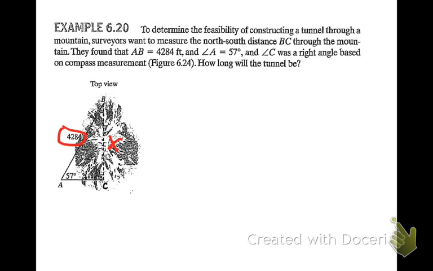Which trig function uses opposite over hypotenuse? Go ahead, Victoria. Yeah, it's sine. What would the function read, Victoria? Sine of 57 is equal to what over what? 4,284. Okay, the hypotenuse goes on the bottom. Yeah, x over 4,284, x or BC.